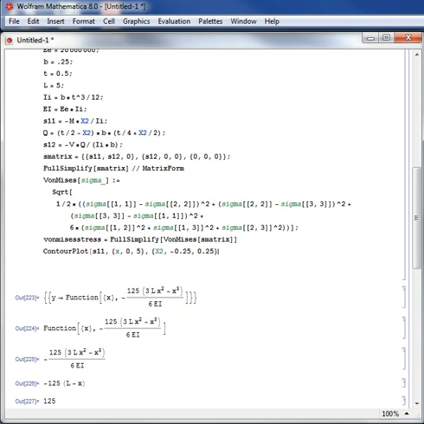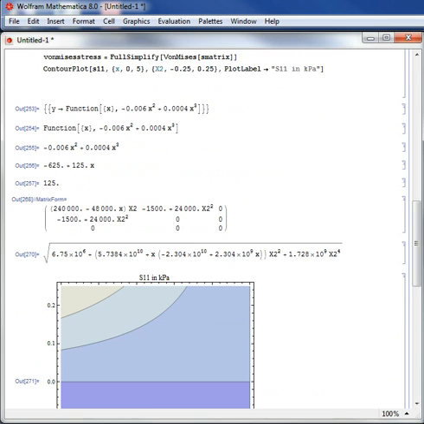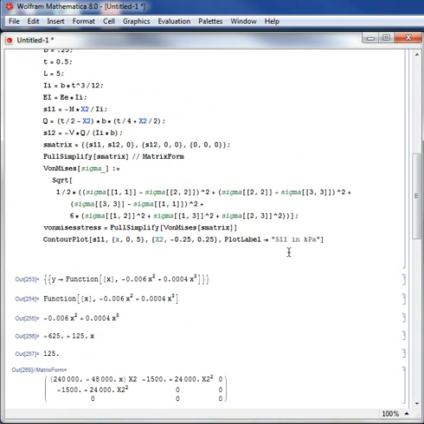That's the height of the beam. And I would like to give it a label. The plot label is S11 in kPa. Shift enter, and here is the value S11.